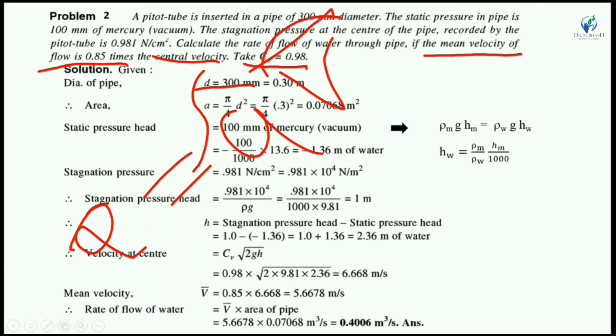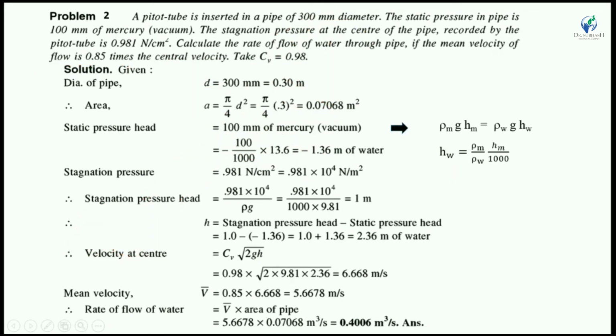So we have to find the mean velocity, and the mean velocity depends on the center velocity, and the center velocity we find from the equation of the Pitot tube. So first of all, we have to find the value of small h, the dynamic pressure head. We know that dynamic pressure head is equal to stagnation pressure head minus static pressure head, and the values are given in this data.